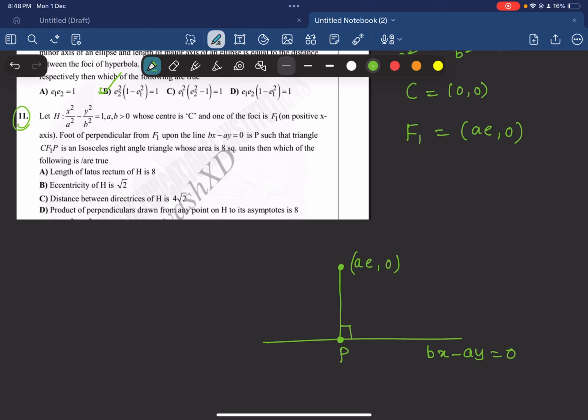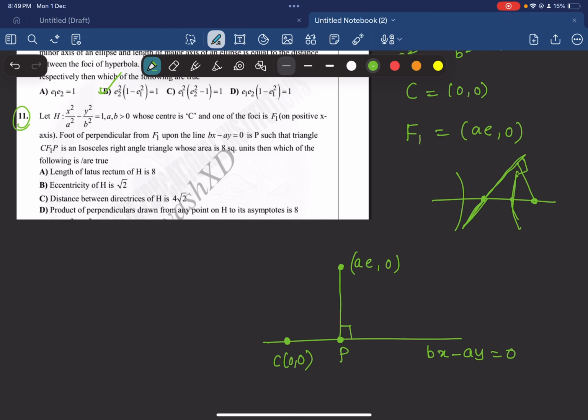So if you have the foci here, then your hyperbola will look something like this. So this will be the center, and this line bx minus ay will be passing through this particular line. So the foot of the perpendicular will be somewhere here. So your origin, the center C, will be somewhere here, on this line.